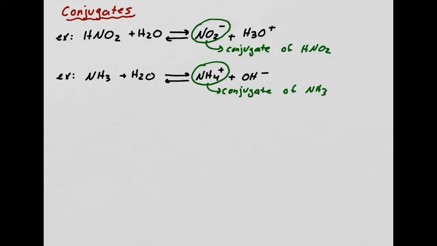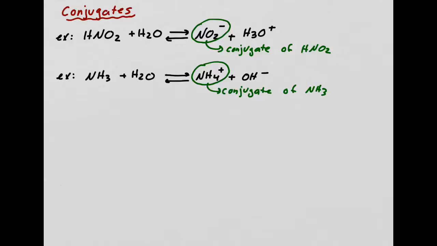So now what does that mean? The conjugate, you know how we said acid loses a hydrogen? After acid loses a hydrogen, the species left behind is the conjugate of that. Now base gains a hydrogen, right? After base gains a hydrogen, that is going to be your conjugate. Okay, so let's do this one more time.